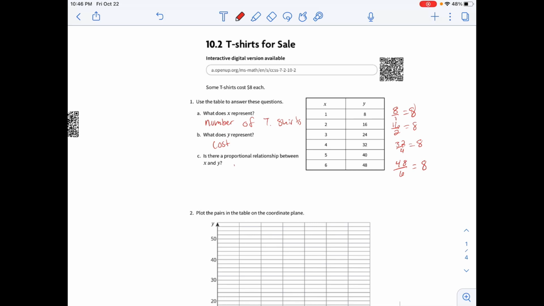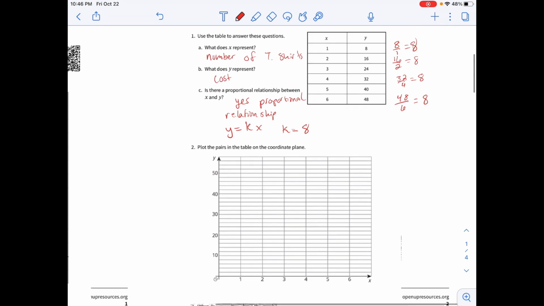So then yes, this is a proportional relationship. Okay, and therefore, it's going to follow this type of equation, y equals k times x, where k is going to equal 8. 8 is going to show us what it increases by for each shirt we buy.